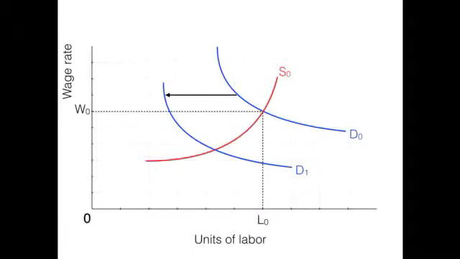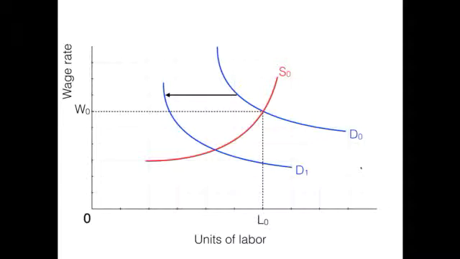So here we have a new demand curve. There's been a change in the labor market. But if we assume that wages are sticky, the wages will not adjust downward. We will not move from the original equilibrium point to this new equilibrium point, because the wages themselves will not adjust downward. We're assuming that the wages are sticky.